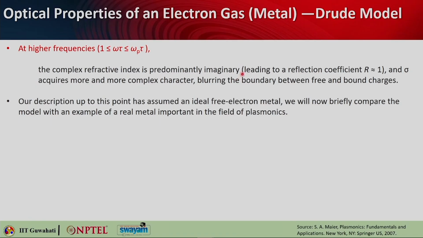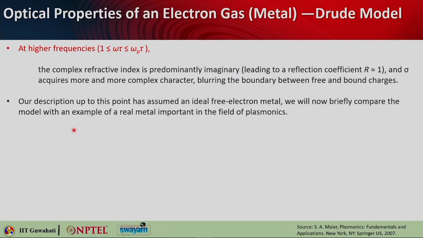It means in that case the reflection coefficient R will be almost 1. And sigma, the conductivity, acquires more and more complex character, and that will blur the boundary between the free and bound charge. So more or less you can use the same model for both cases.